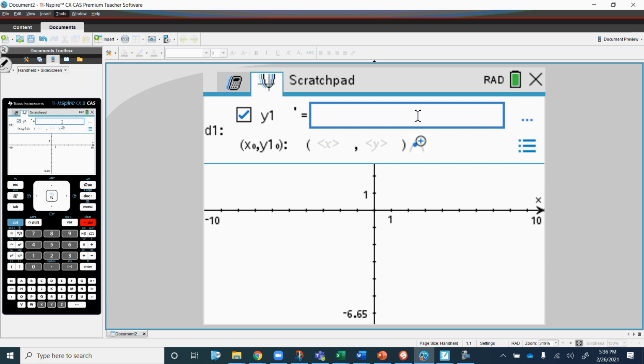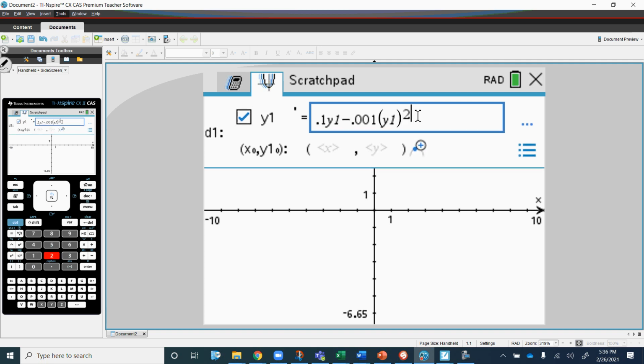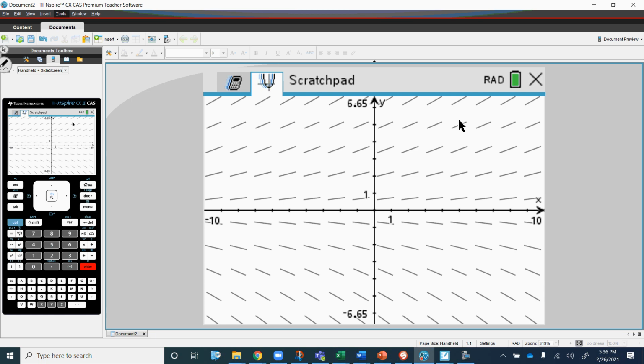If I said 0.1 of y1 minus 0.001 of that same function, but we have to square it, and if I graph that, then I wind up with a slope field that would work. Now, I don't understand the difference. I don't know why it is doing that.